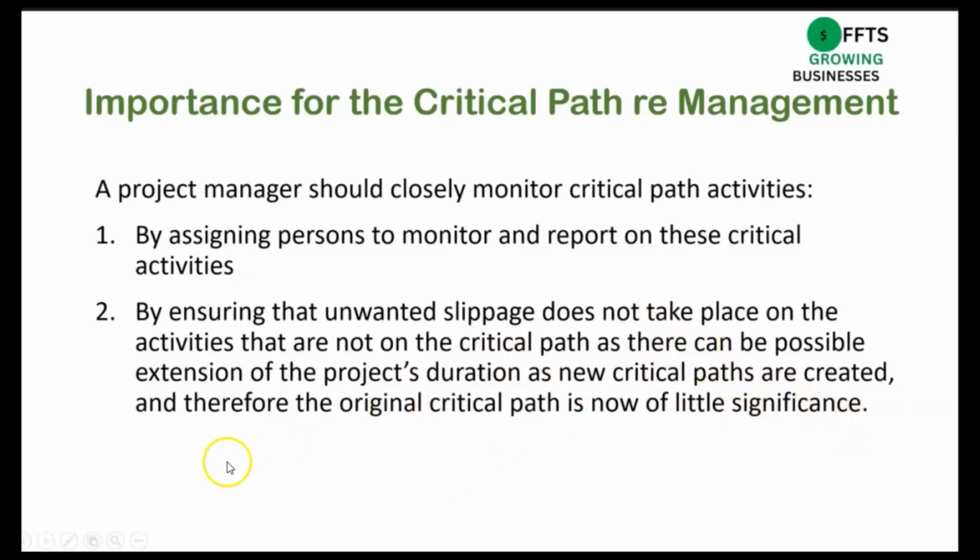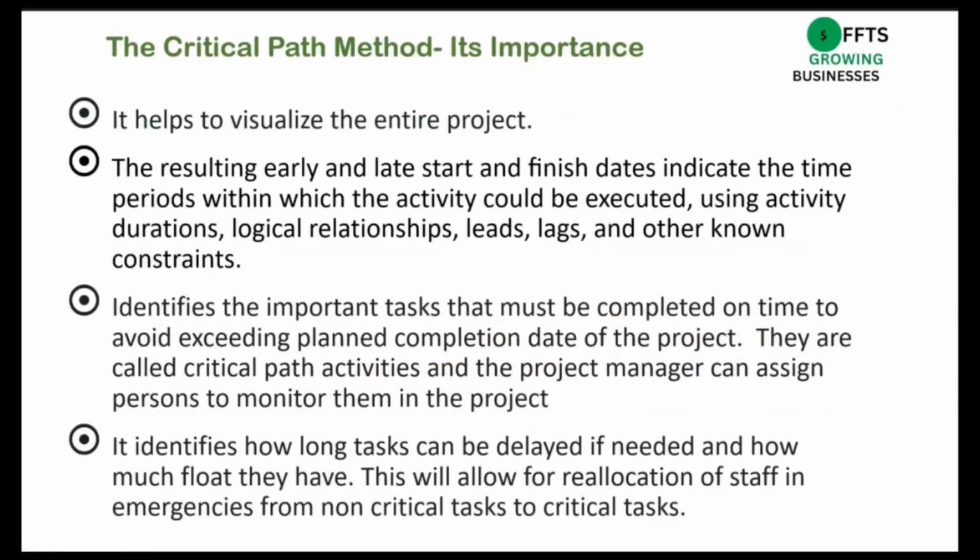So let us reiterate the importance of the critical path. The critical path helps to visualize the entire project. The resulting early and late start and finish dates indicate the time periods within which the activity could be executed, using activity durations, logical relationships, leads, lags, and other known constraints.